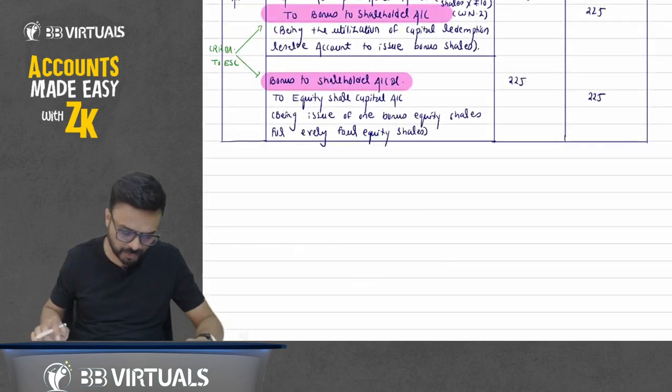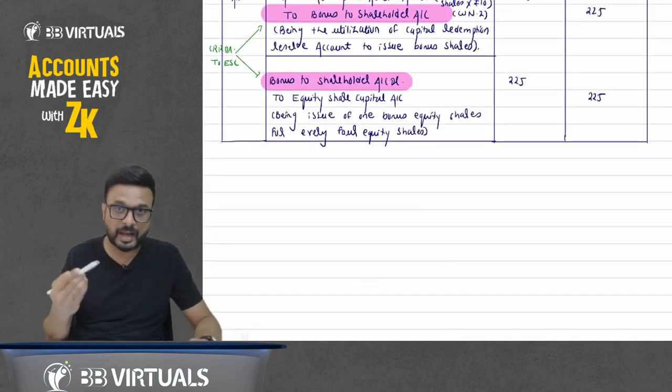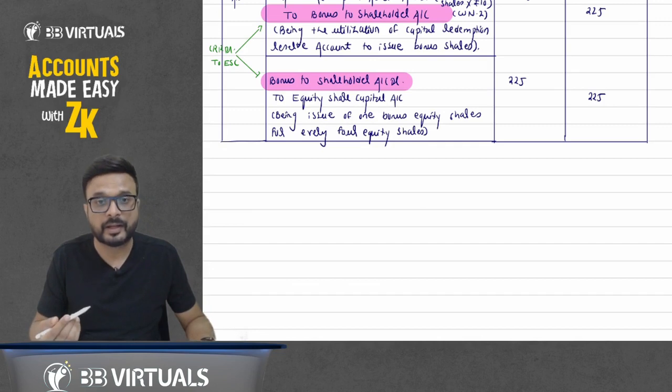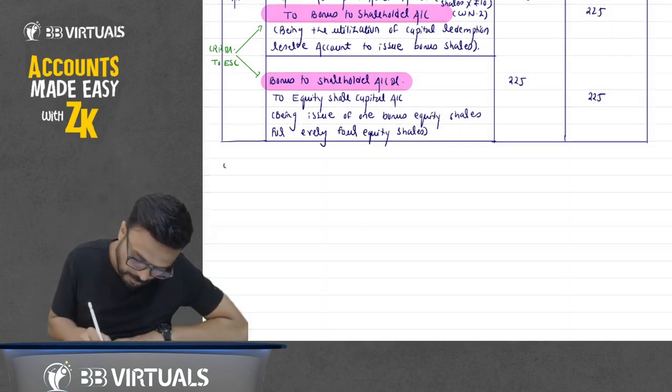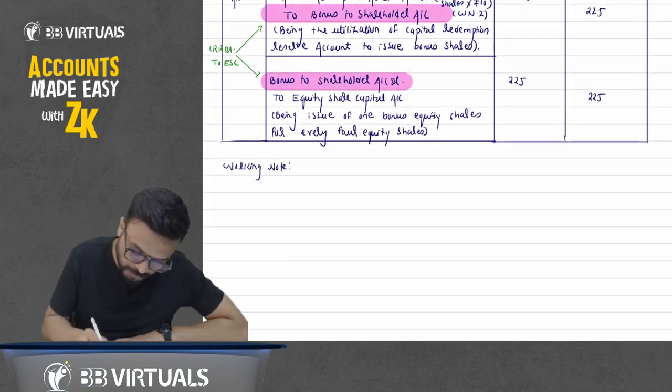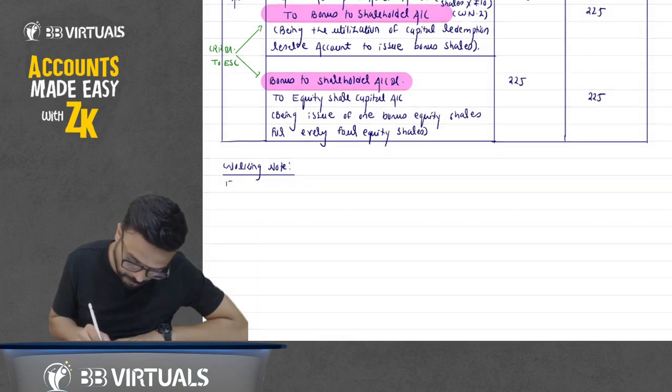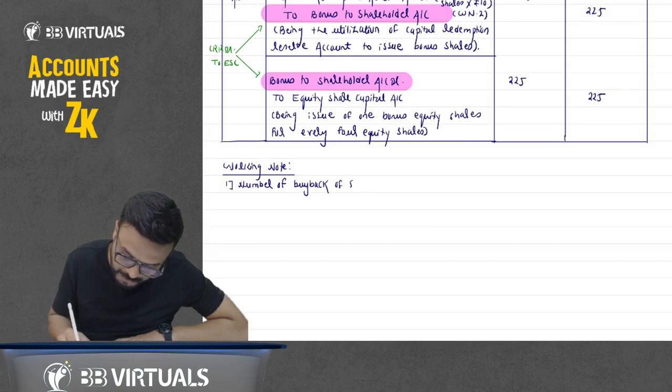Now we will prepare the working notes. There are two working notes. You already know how many shares are bought back and how many are bonus shares. Just make a working note on it. Working note number 1: number of buyback of shares, in lakhs.